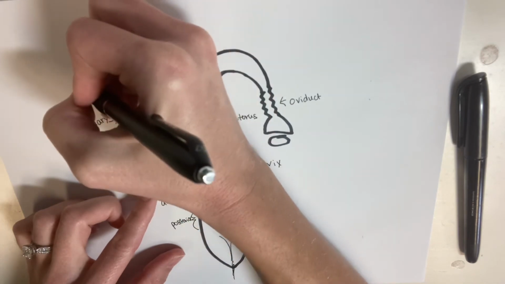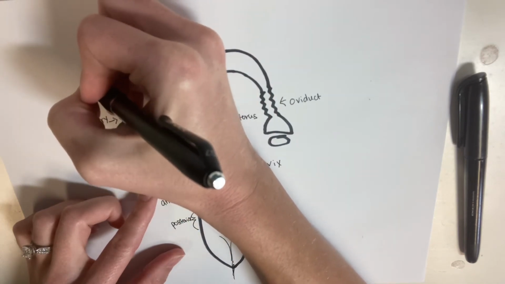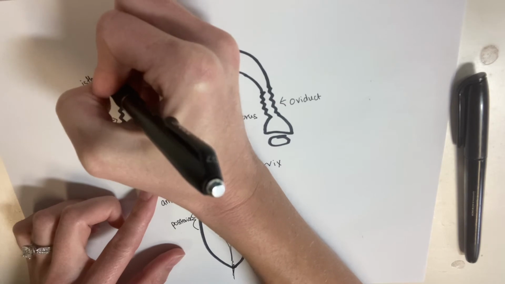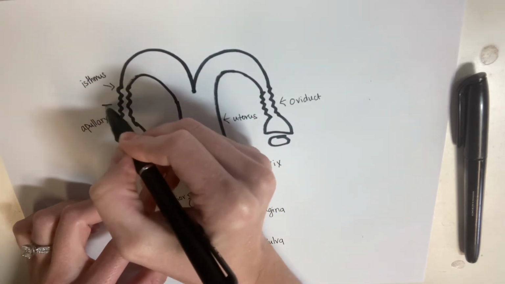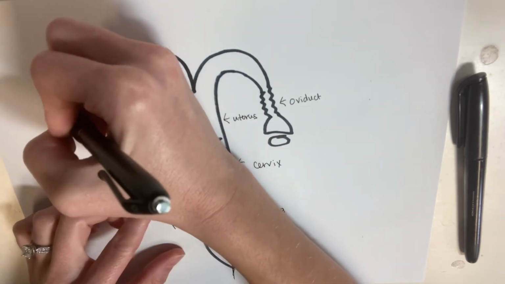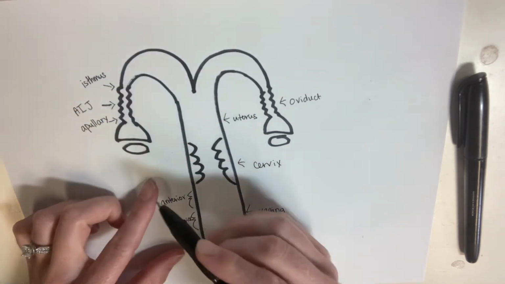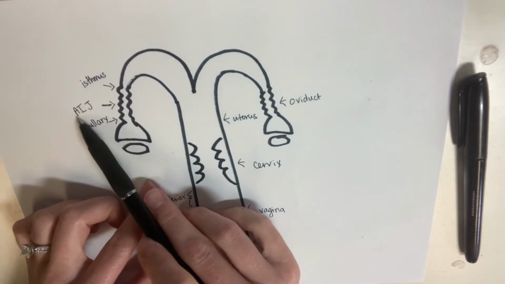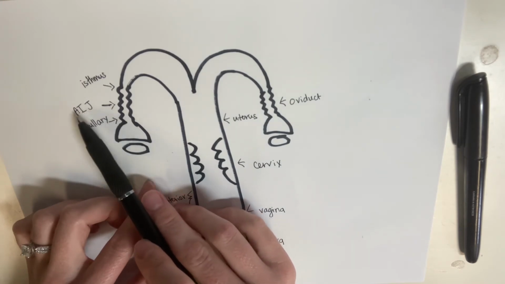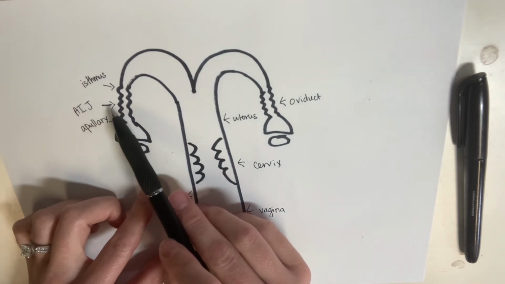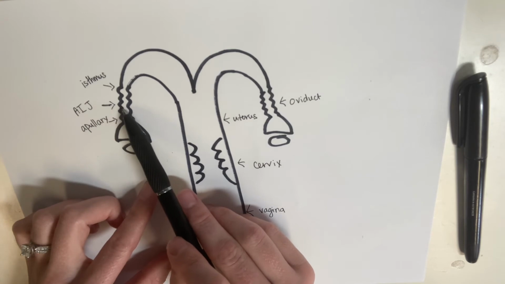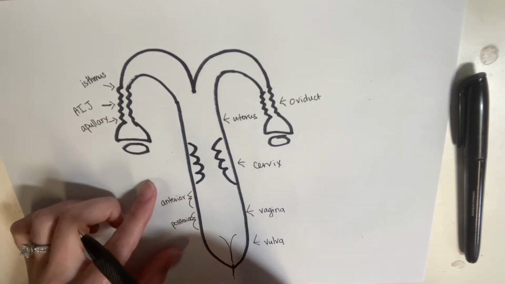Second part would be the isthmus. And then the part in between would be the ampullary isthmus junction. I'm just going to label it as AIJ. Again, that's going to be the ampullary isthmus junction. So the ampullary isthmus junction is the technical site of fertilization.